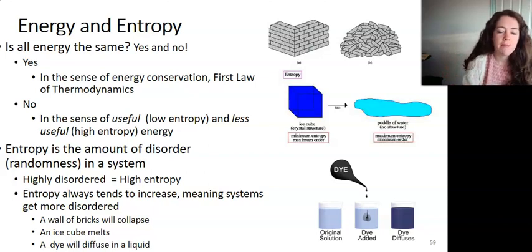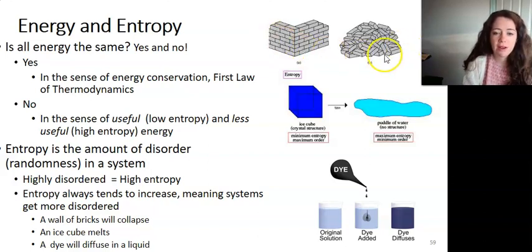So we can say the higher the entropy, the greater the randomness or disorder or the less use that the system is. So the more disordered something is, the higher the entropy. And the second law of thermodynamics states that typically systems get more disordered. So typically entropy tends to increase. We have a few examples here.